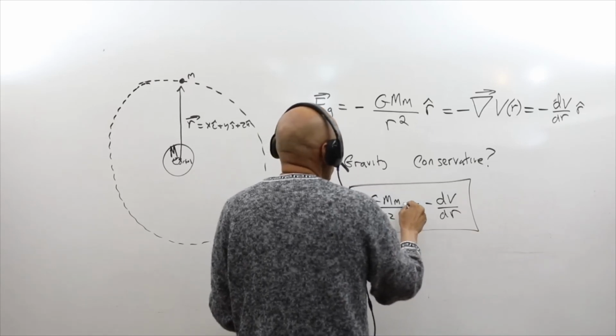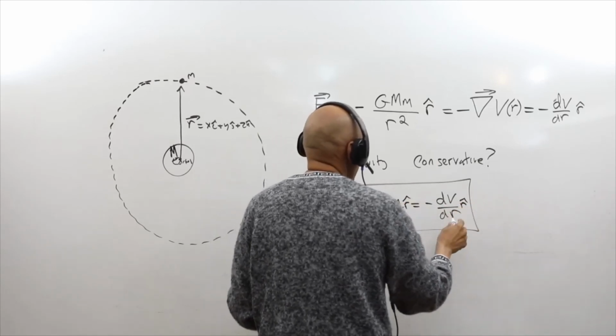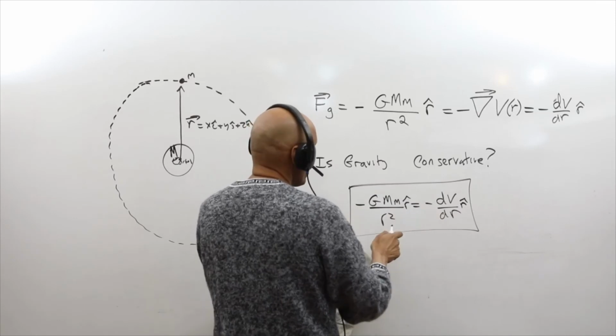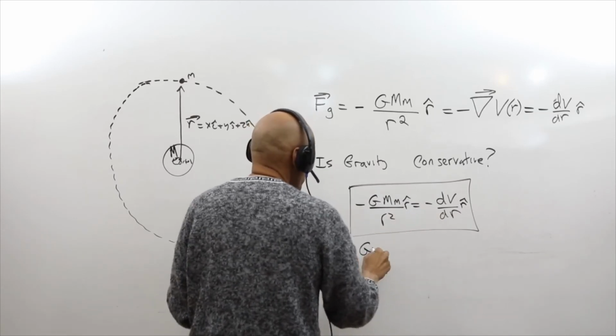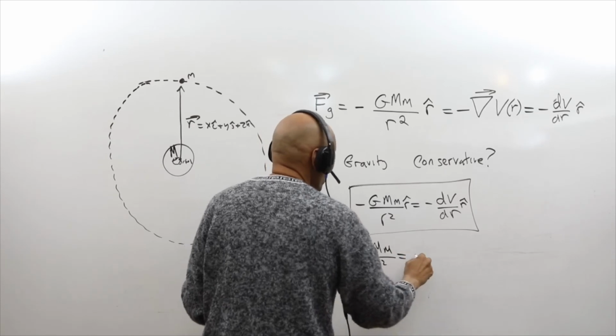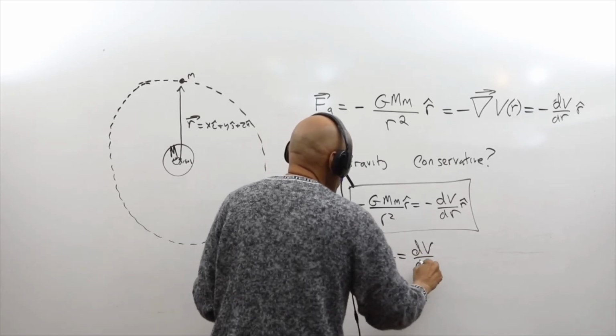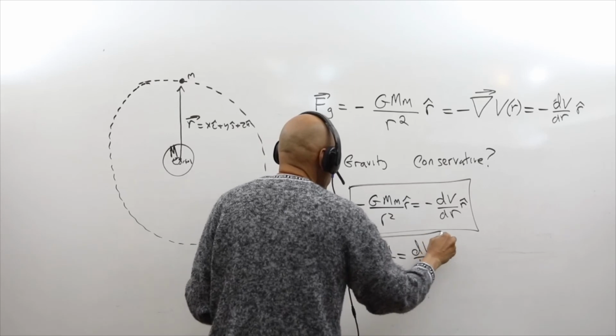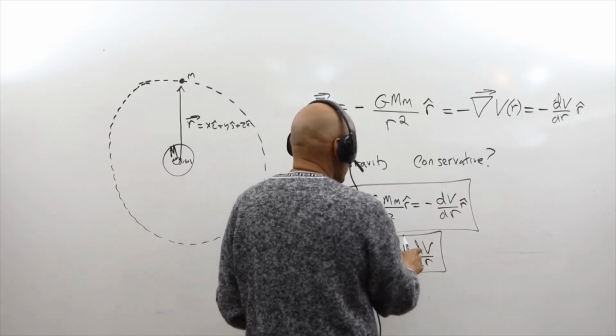And maybe I should put the r hats in just to make sure you understand. So these two vectors are equal, so this must mean that G M m over r squared is equal to dV dr. And so the question is, can I find the V?